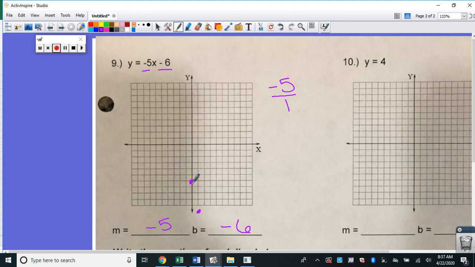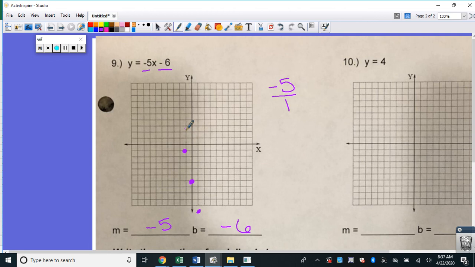So that means I'm going up 5 and over 1 the other direction, just to keep that line straight. So I'm going to go 1, 2, 3, 4, 5 over 1.